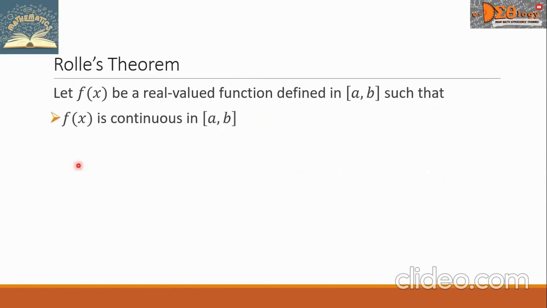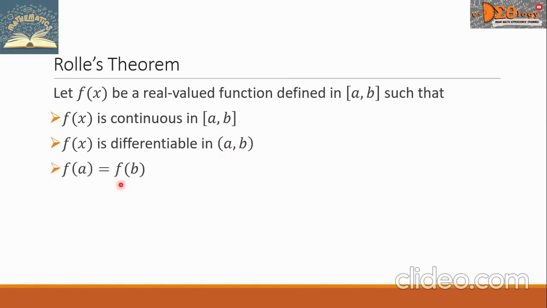The first condition is f of x is continuous in the closed interval a to b. Second, f of x is differentiable in the open interval from a to b. Third, f of a equals f of b.